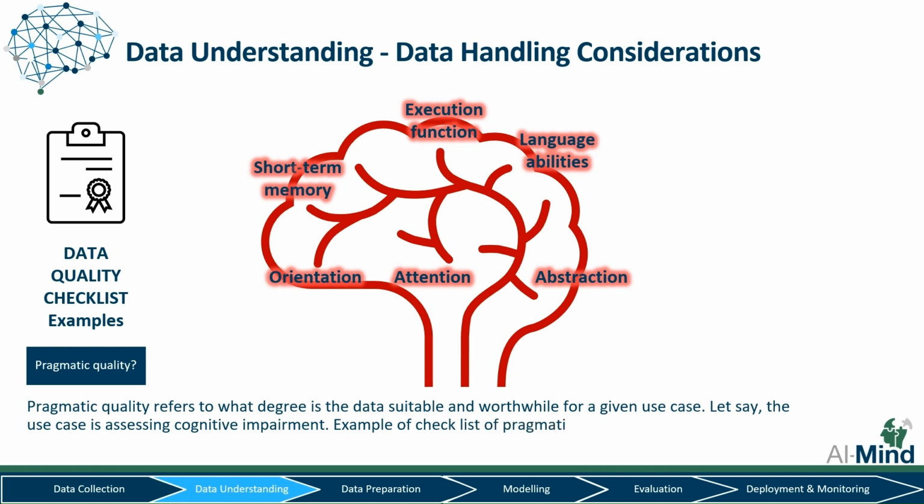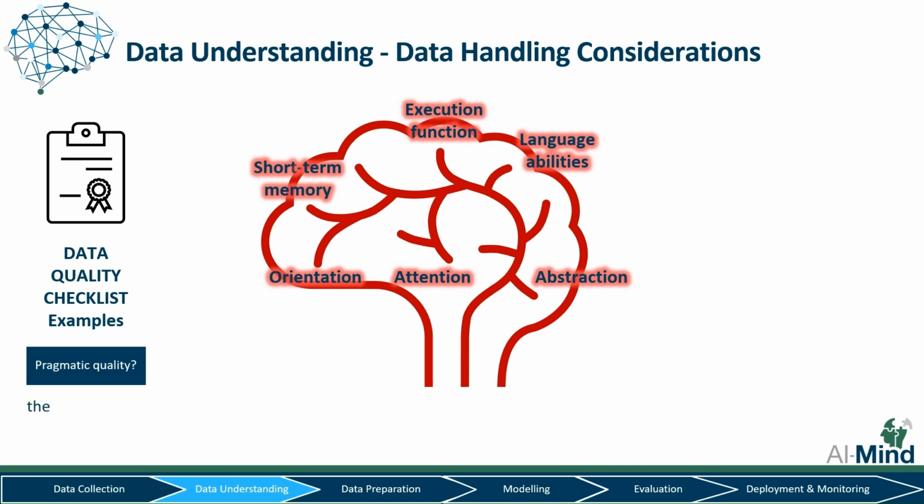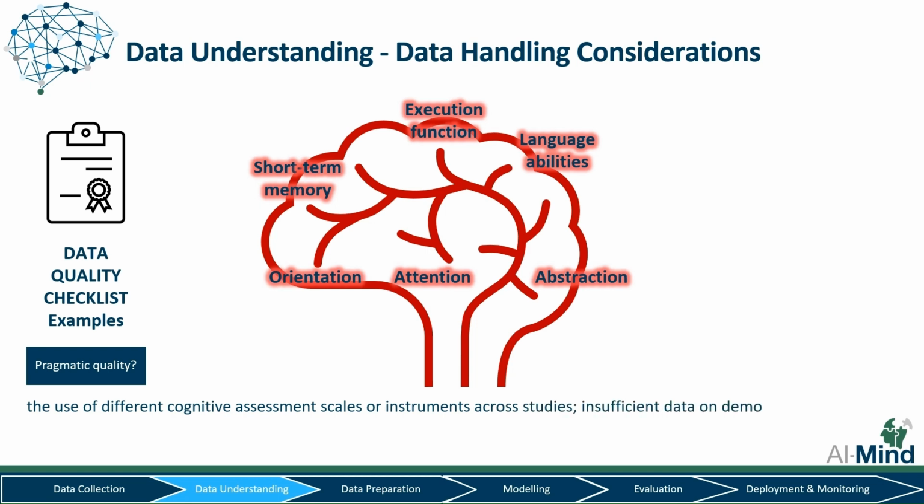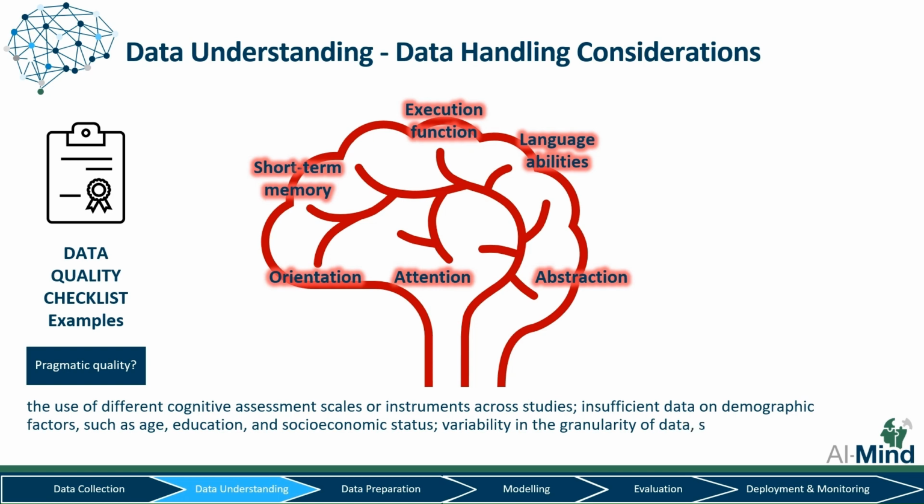Examples of a pragmatic quality checklist for this case include the use of different cognitive assessment scales or instruments across studies, insufficient data on demographic factors such as age, education, and socioeconomic status, variability in the granularity of data, such as differences in the frequency of assessments or follow-up intervals, and so on.